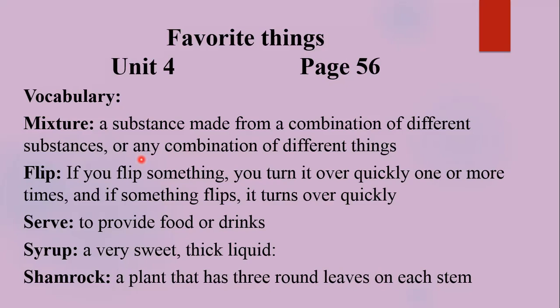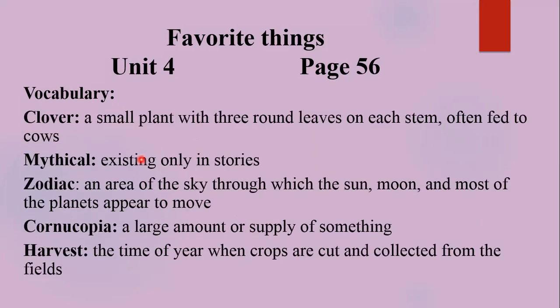Then shamrock, it's a plant that has three round leaves on each stem. Then clover, it's also a small plant with three round leaves on each stem, often fed to cows. Then mythical, not real, okay, only existing in stories. Then zodiac, an area of the sky through which the sun, moon, and most of the planets appear to move.